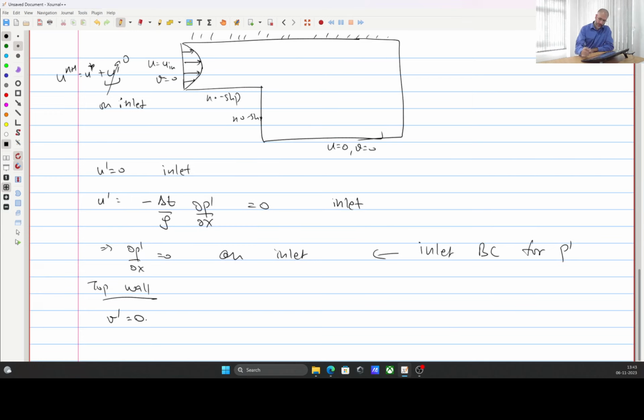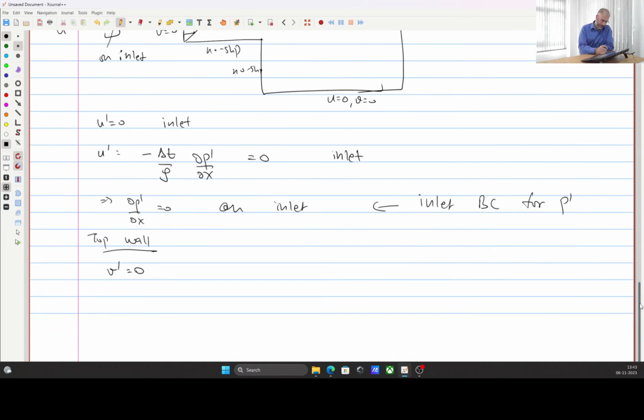So V prime is 0. So what's the velocity correction? Right? So again we get a homogeneous Neumann condition.